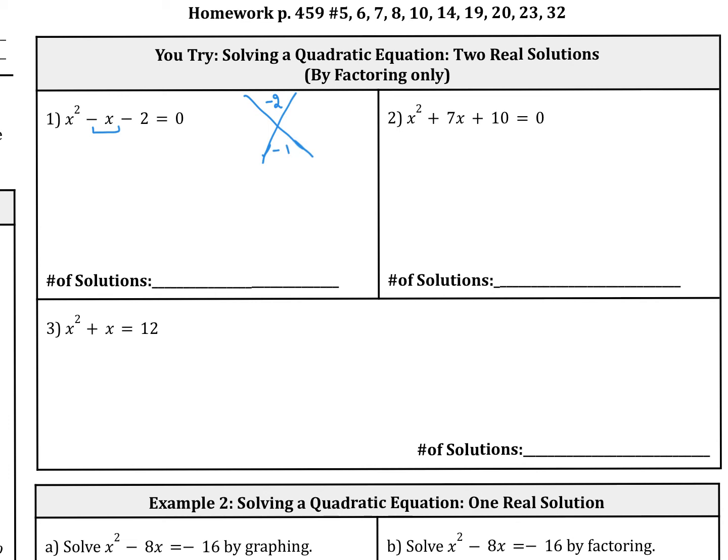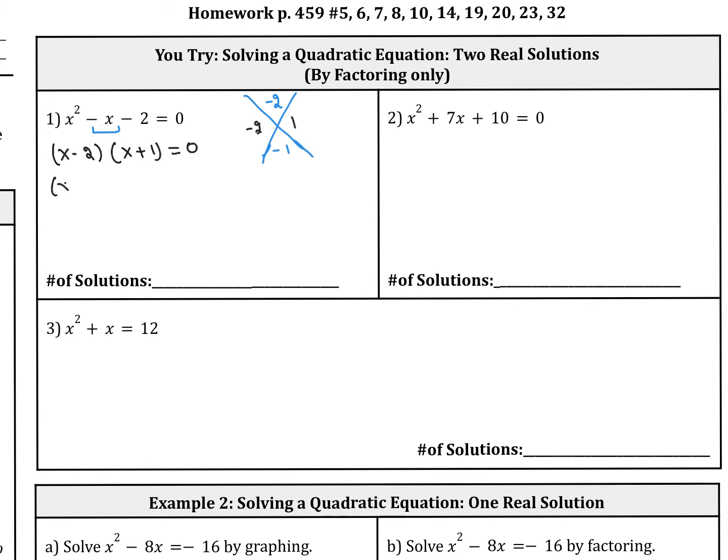So the two numbers are -2 times 1. Negative 2 times 1 is negative 2. Negative 2 plus 1 is negative 1. So the factors are going to be x minus 2 times x plus 1 equals 0.